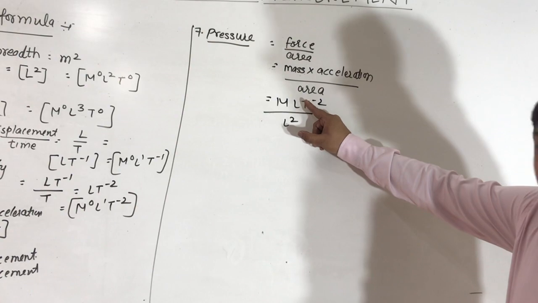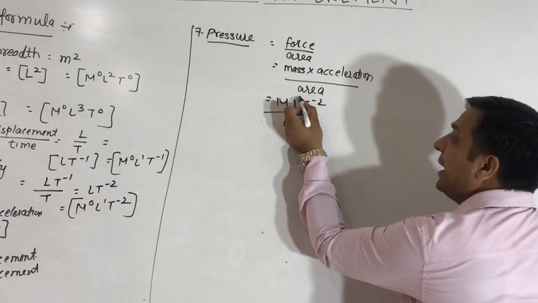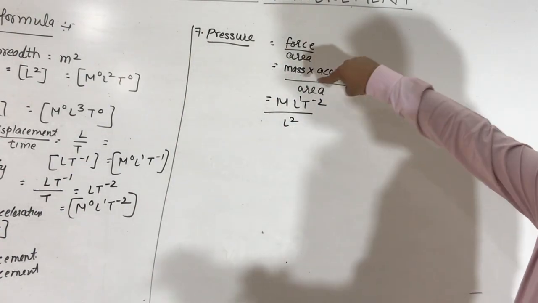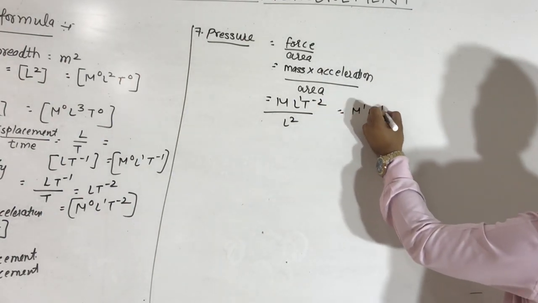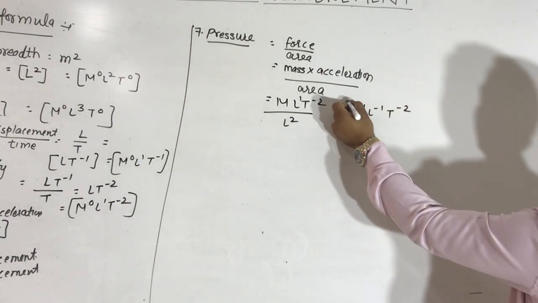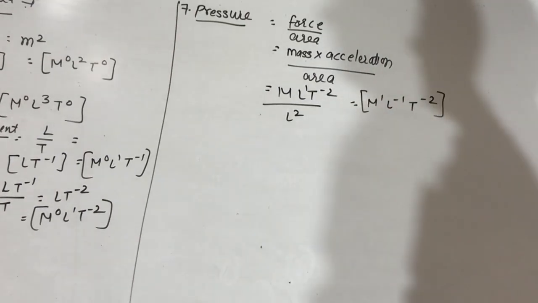Right? Here L power 1, here L power 2, minus 2, 1 minus 2, minus 1. Then M1 L^-1 T^-2. This is the dimensional formula of pressure.